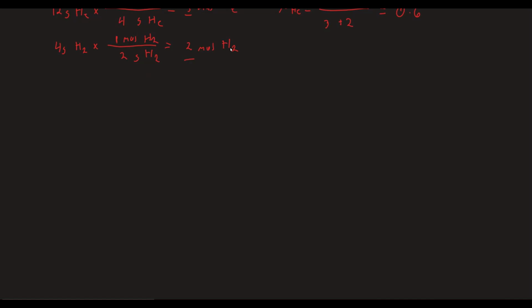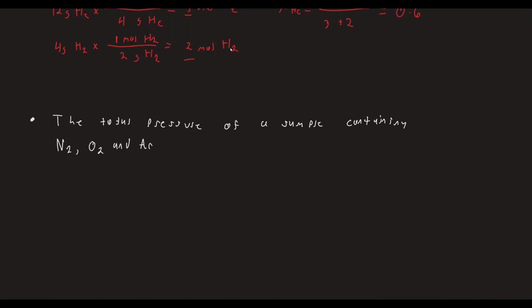All right, so I have one more question on partial pressures. And so the total pressure of a sample containing N2, O2, and argon is 840 torr.